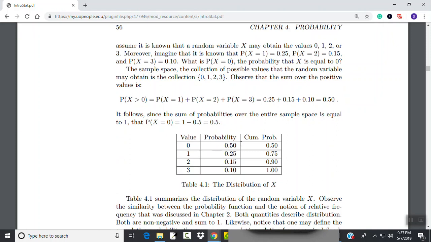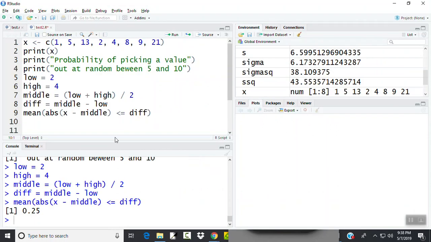Now here's an interesting item, the distribution of x. So let's take a look at that and see if I can remember how to do this. That's even a bigger question.